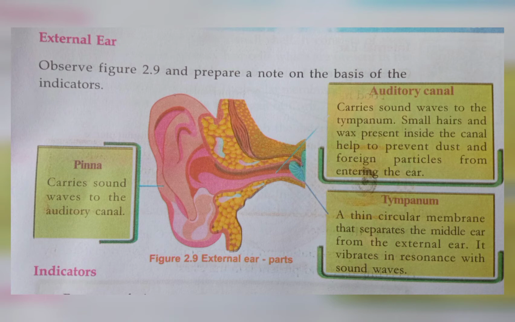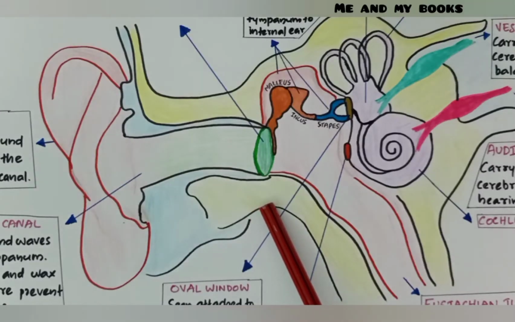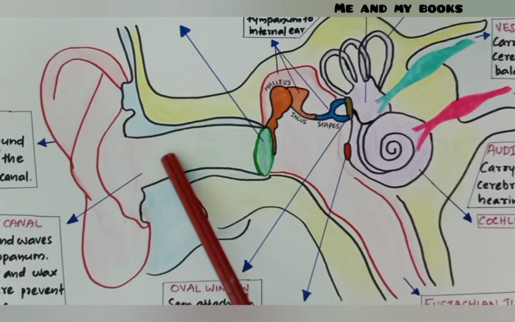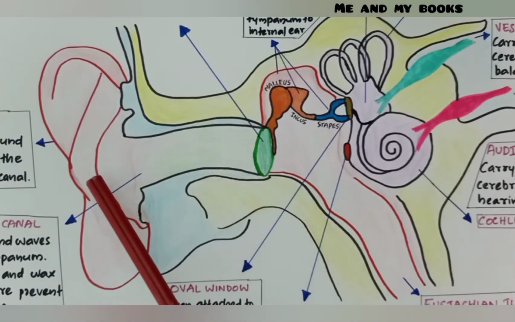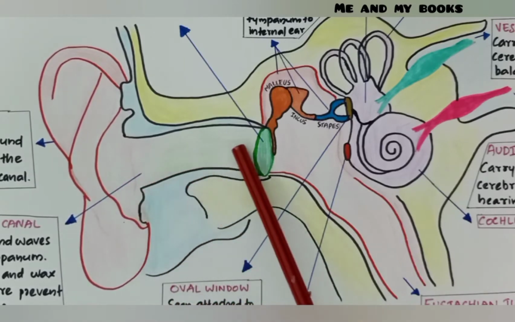Do you know the tympanum separates the external ear and the middle ear? The greenish color is the tympanum. This is the pinna, the auditory canal, and the tympanum. In the auditory canal, wax and air molecules are contained.